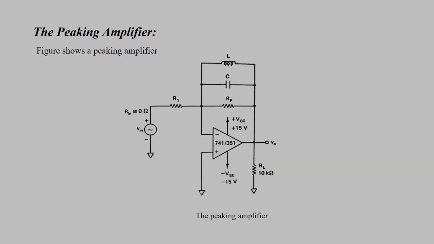So here you can see this is the input voltage. For gain we have resistances RF and R1 because it's an amplifier also, and this LC network is to peak at a certain frequency.